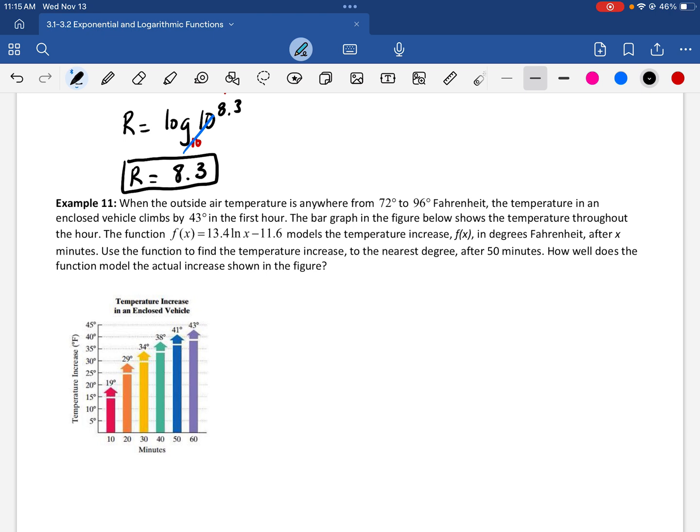All right, so they're telling us this is our function. And they want us to figure out the temperature increase to the nearest degree for 50 minutes, all right? And it says x is 50, right? Because it says after x minutes, so x is 50. So we're going to plug in 50 for x.